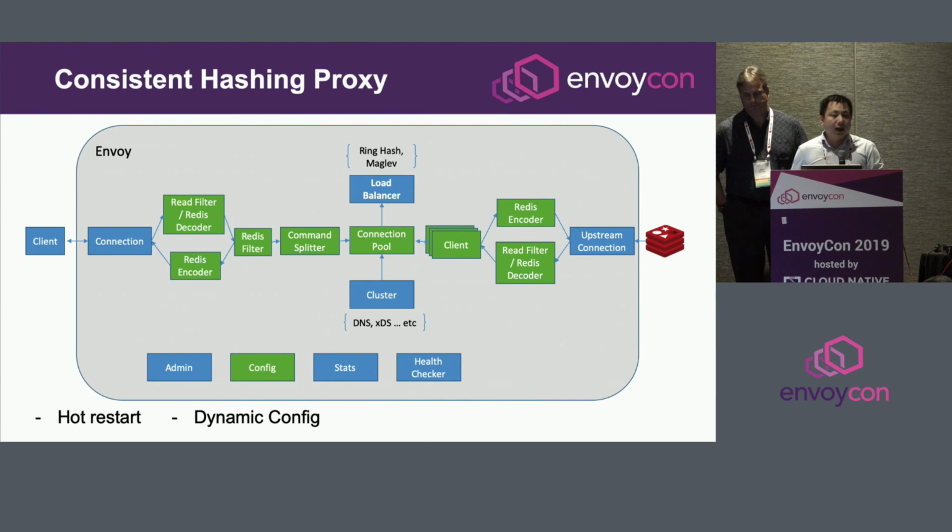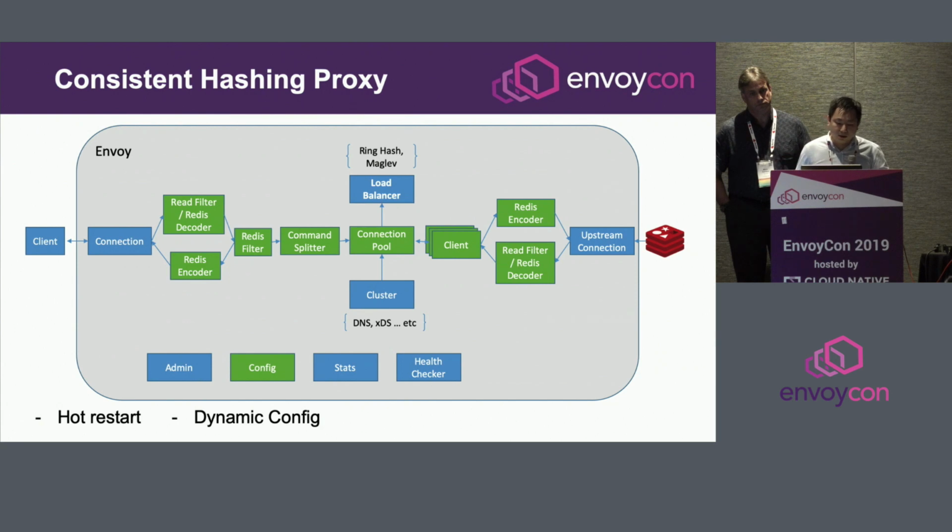And of course, we also have to extend the configuration so that this can all be configured. On top of that, we get the amazing stats framework and the admin endpoints, where we can look at all the metrics and the cluster memberships.